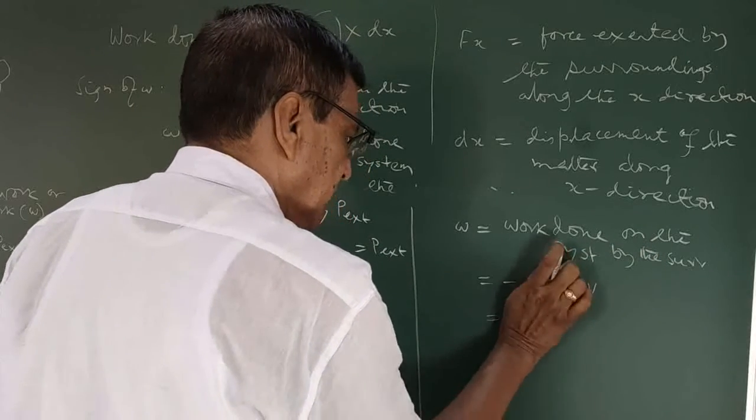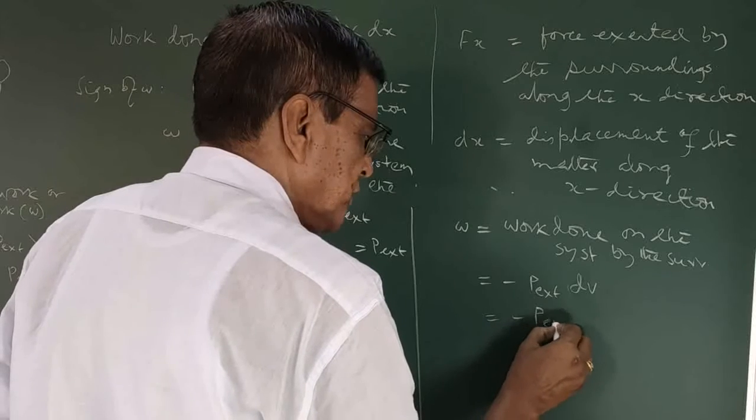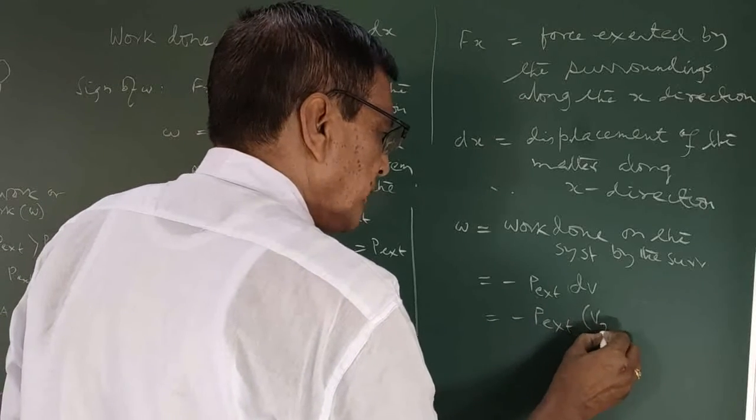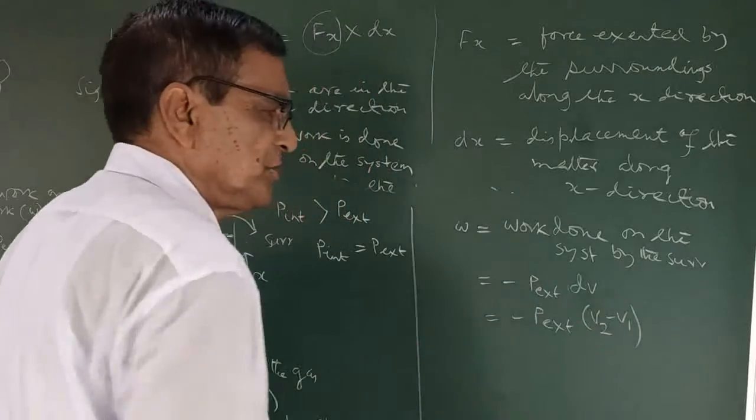Or we can write, for a finite change, minus P external into (V2 minus V1). This is the volume change.